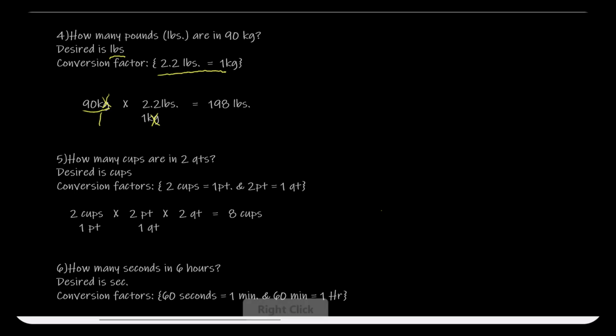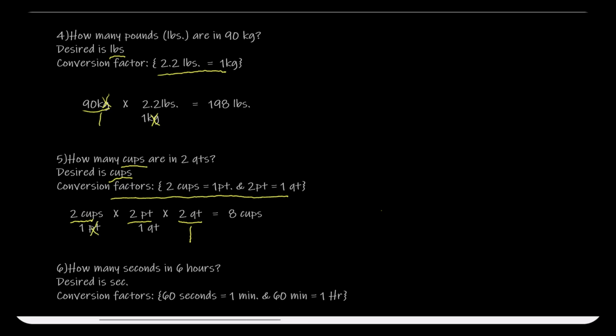All right, number 5. How many cups are in 2 quarts? Desired unit is cups. This is a two-step conversion factor. Started this problem with the conversion factor 2 cups over 1 pint times 2 pints over 1 quart, 2 quarts over the placeholder 1.